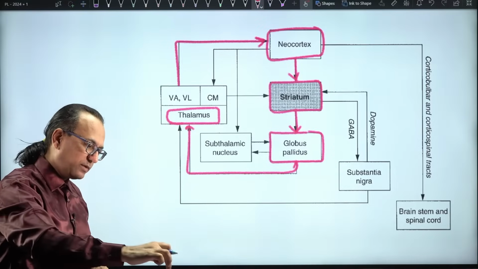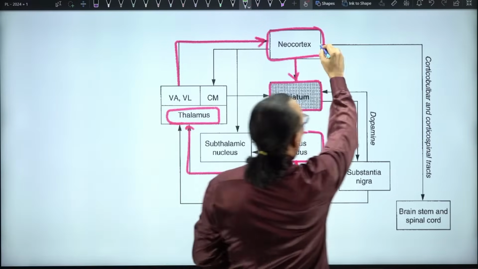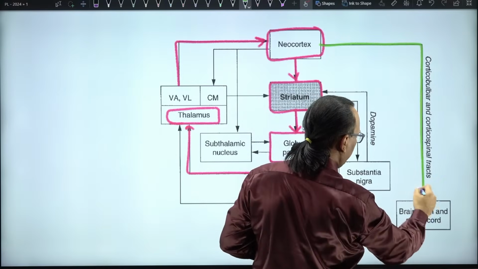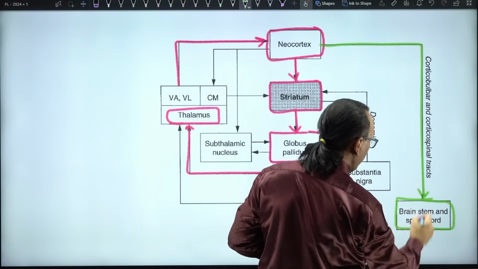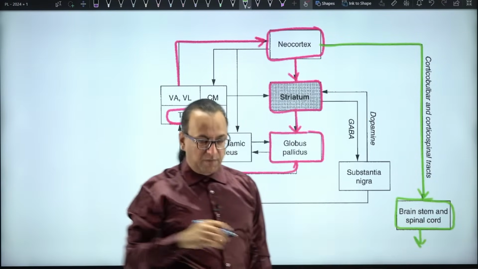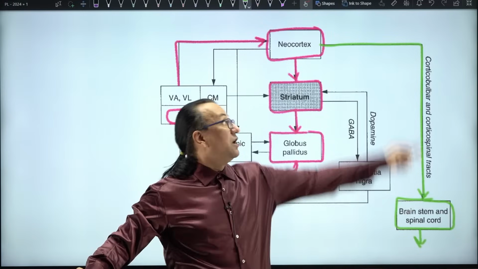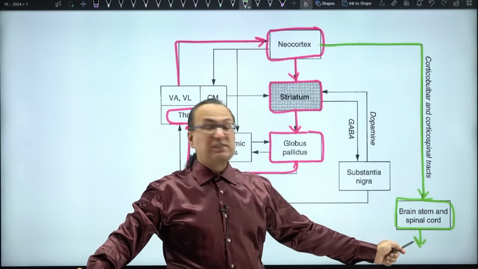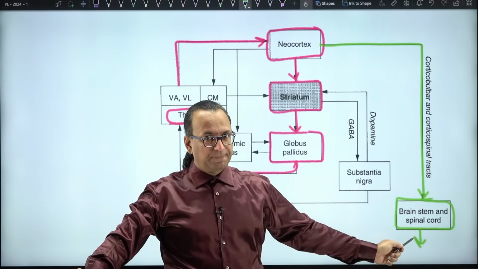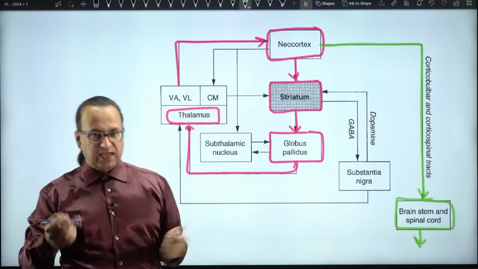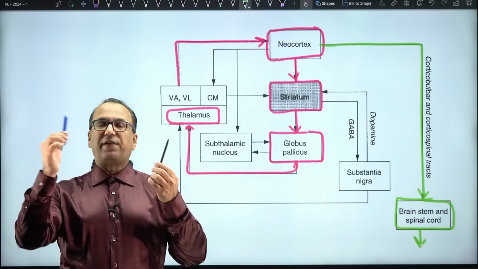And how do you do the movement? For the movement, now the cortex will tell pyramidal tract to the brainstem spinal cord, and the movement will happen. But before the movement happens by pyramidal tract, you must plan it and program it. So, say for example, there is a thread and needle.